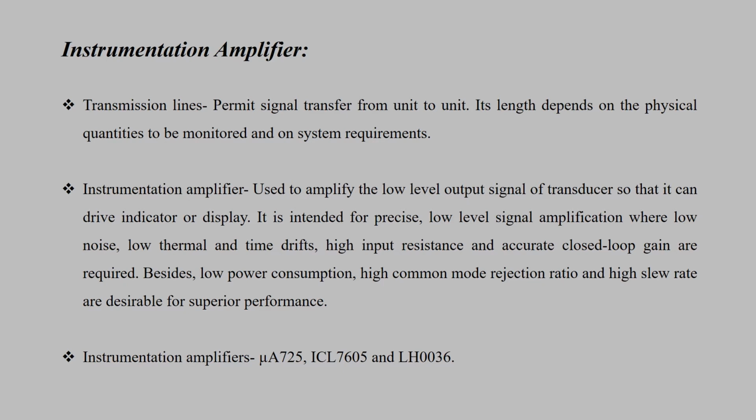The signal source of the instrumentation amplifier is the output of the transducer. Some transducers produce outputs with significant strength to permit their use directly, but many do not. To amplify the low level output signal of the transducer so that it can drive the indicator or display is the major function of the instrumentation amplifier.